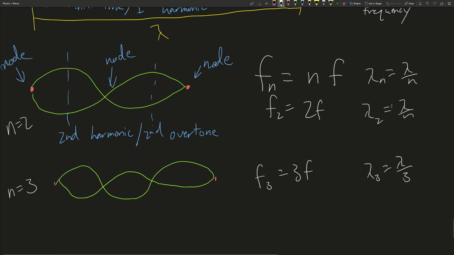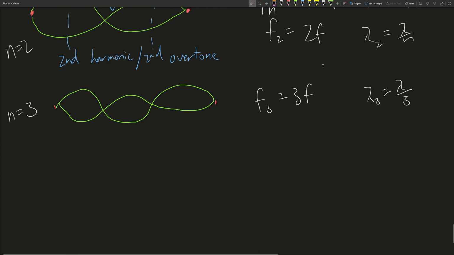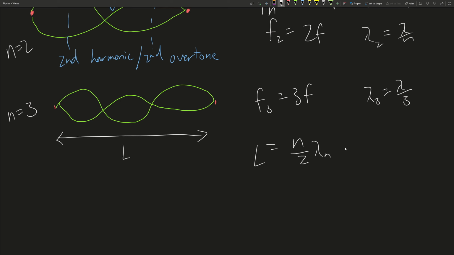And then the total length L is equal to n divided by 2 times the nth wavelength. It might be clearer if you write it as n times the nth wavelength divided by 2, because each of these bumps here is half of a wavelength.